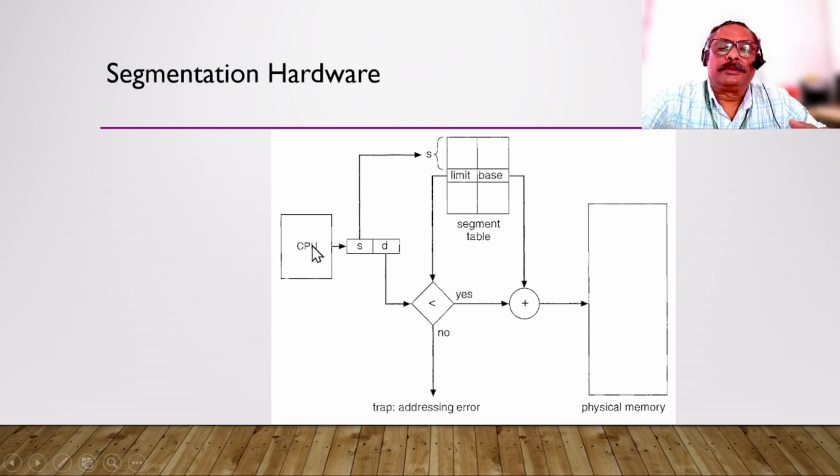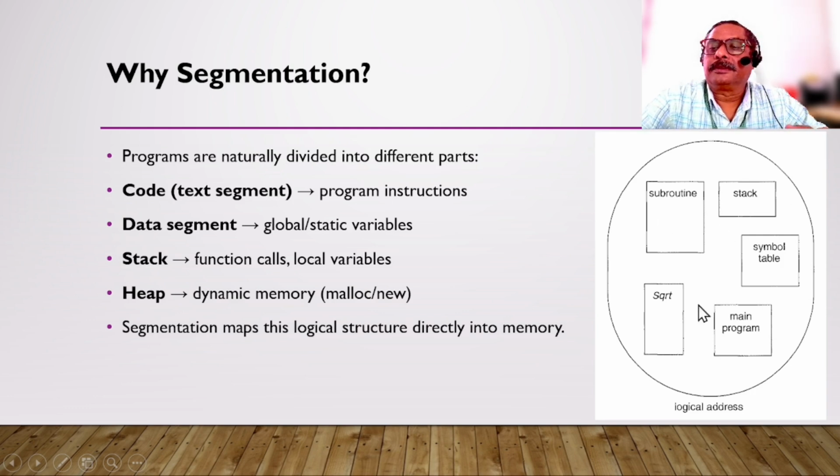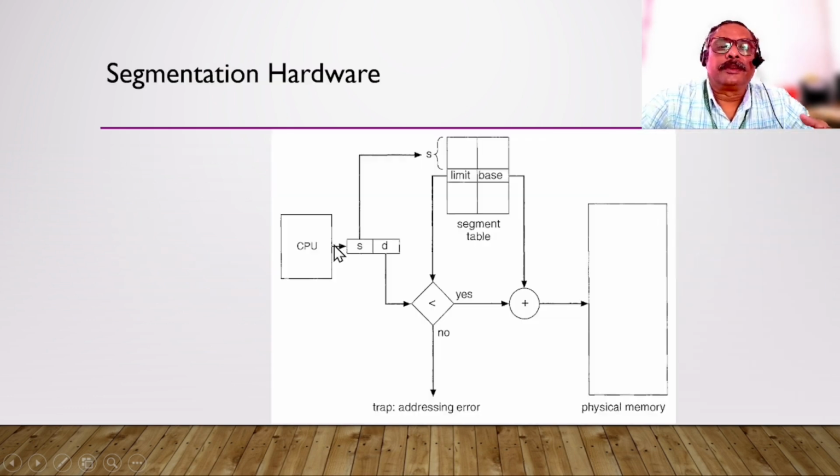Each component is called a segment. The segment is given a base address, and for every segment we have a limit and its base. We look at where the base begins, and the displacement D tells us at what place in that block the location we are interested in is available.